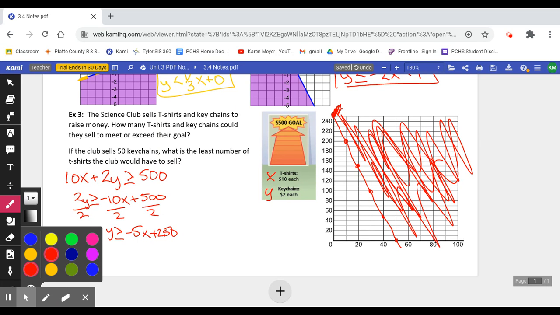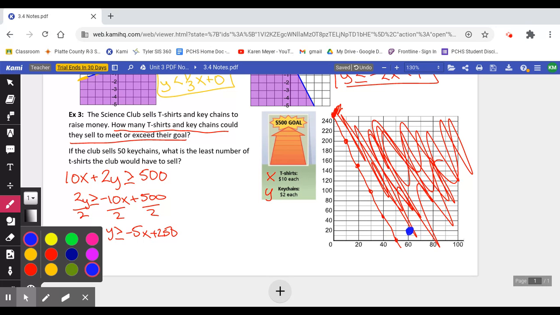Okay, now the first question says, how many t-shirts and keychains could I sell to meet or exceed this goal? So what you need to do is find a nice point that's anywhere in the shaded region. So I'm just going to pick this point right here.